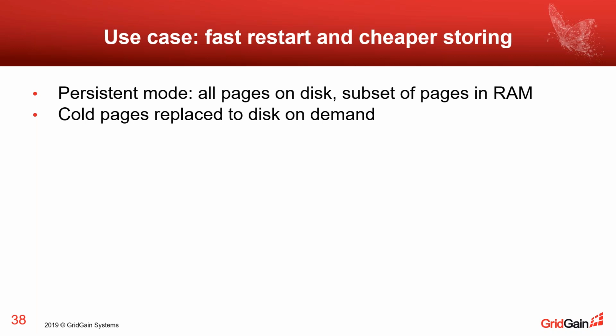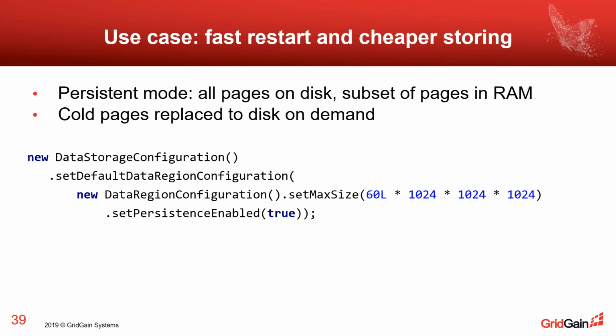So basically the Ignite node just chooses the hottest pages and keeps them in RAM. In order to activate persistence mode, you need to specify a data region and set the persistence enabled flag as true.